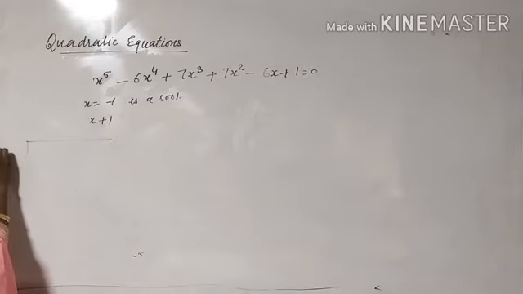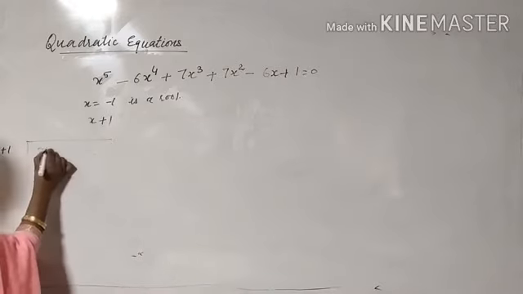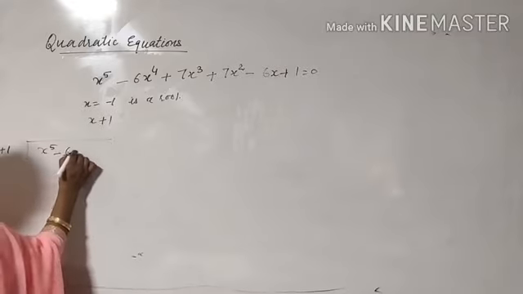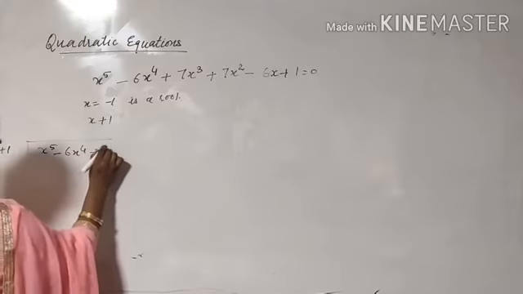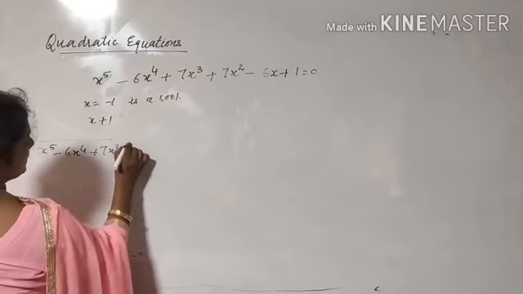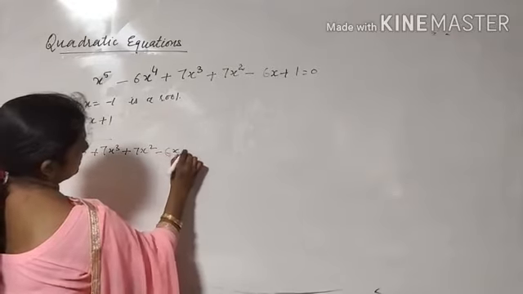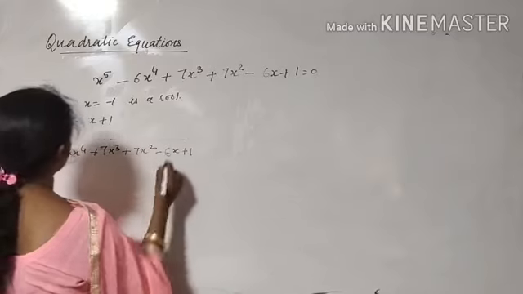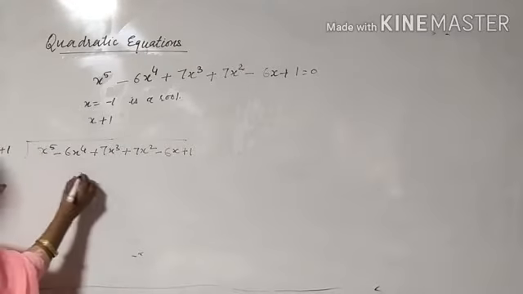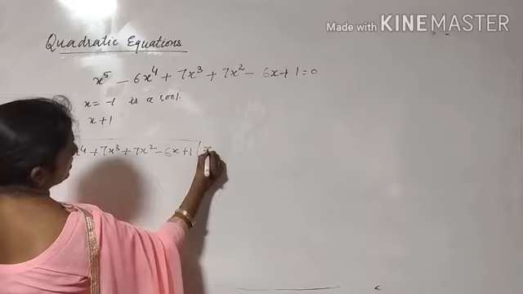x + 1, inside it is x^5 - 6x^4 + 7x^3 + 7x^2 - 6x + 1. So divide it, we get x^4.